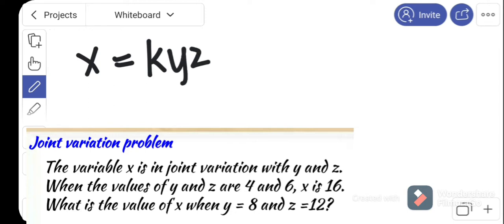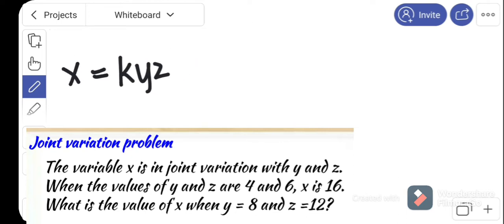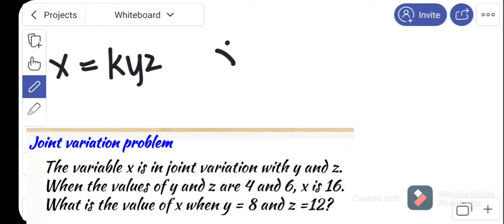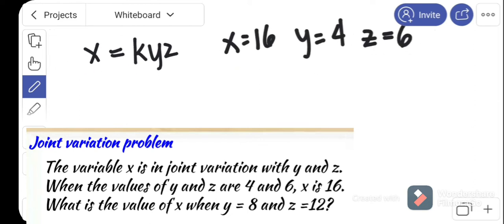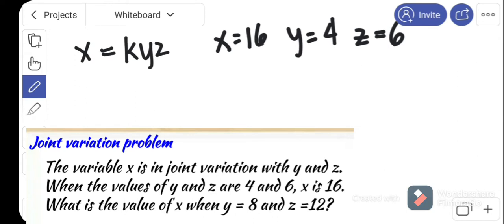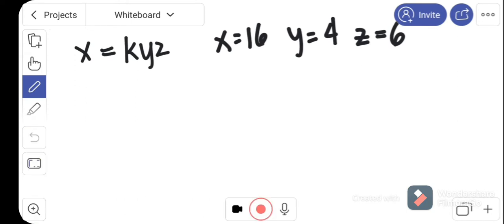And then, we take note of the values for each variable. We have the value of x, 16, the value of y, 4, and the value of z is equal to 6. And then we proceed on finding the value of our constant by deriving our equation.